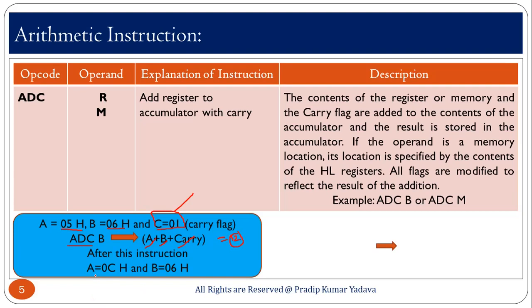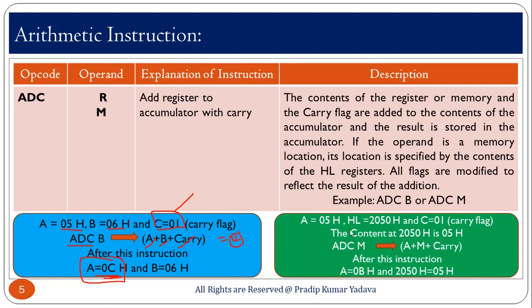So we get output 0C in the accumulator. In the same manner for memory, if the content of this location is 05 and you write ADC M, meaning A plus M plus carry, we get 0B. So this is the simple working process of the addition instructions.